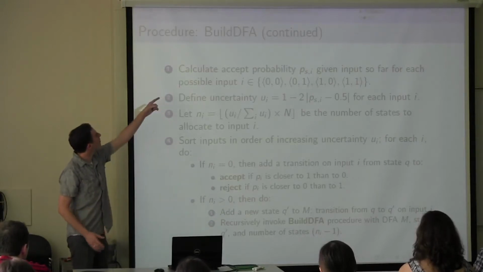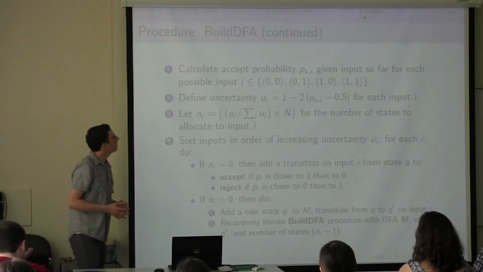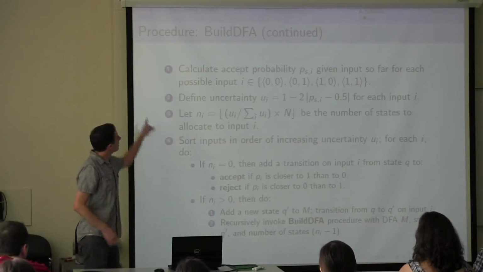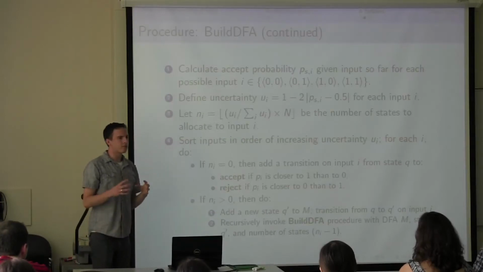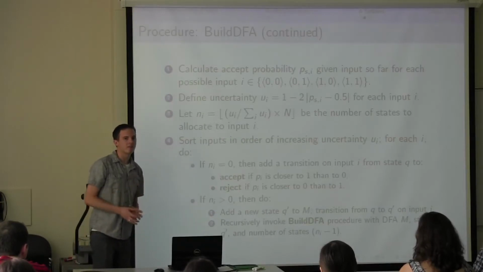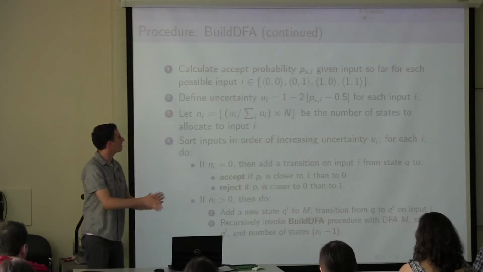In a couple of slides, I'll present our way of doing that. We define this naive uncertainty function. The closer that probability is to 0.5, the more states we want to allocate to the problem to try and identify which it is.